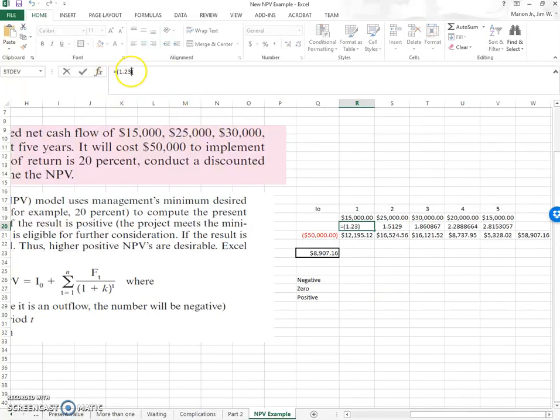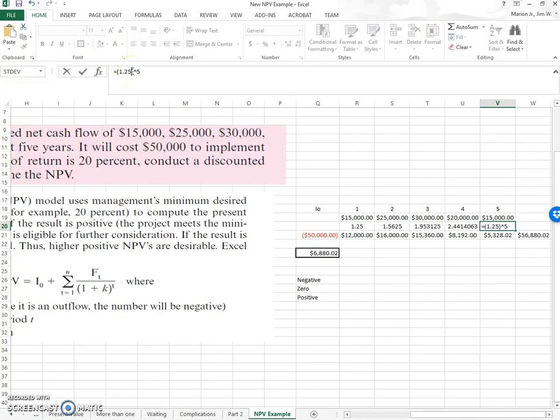Now we know that 35% went negative. Let's just go to 25% and see what that does. Okay, we're just going to plug the value of 25% in and see what that does to our NPV. And again, the point of this is we're going to try to drive it down to 0.